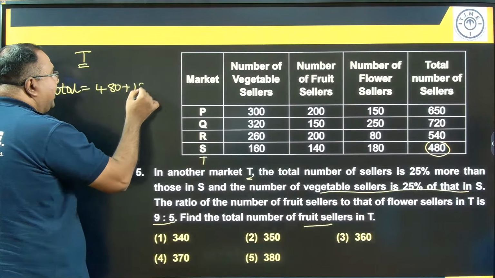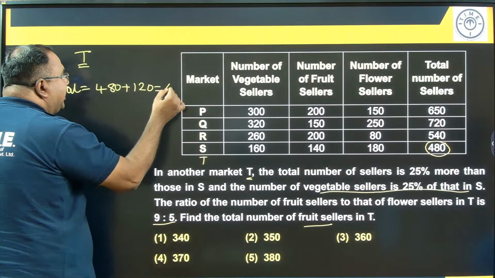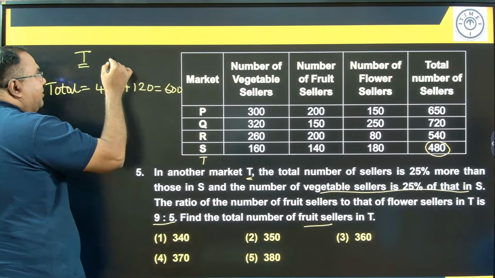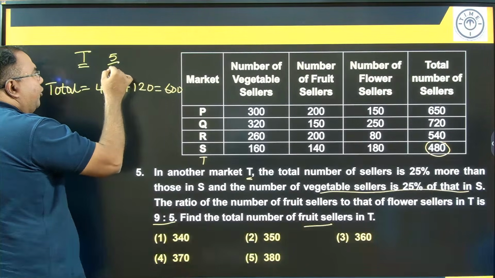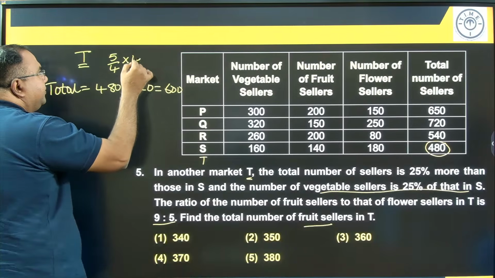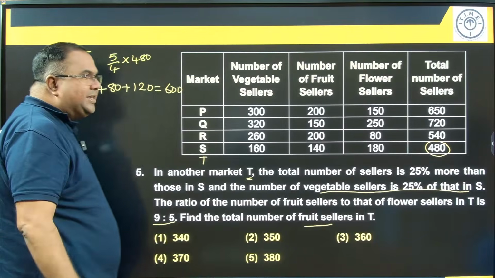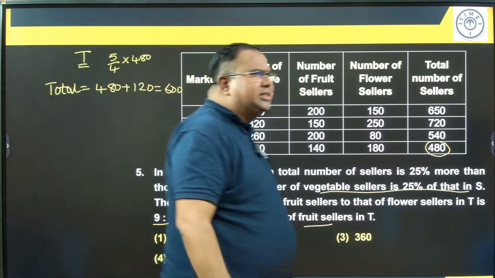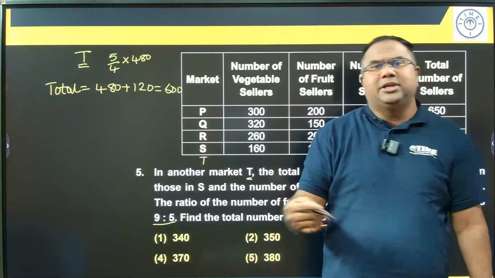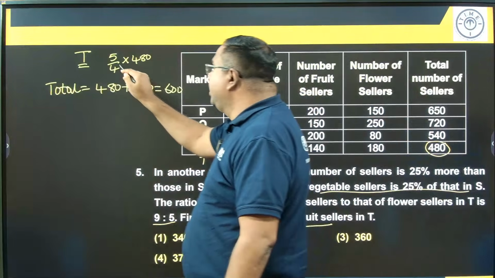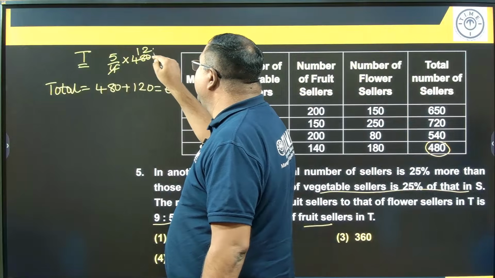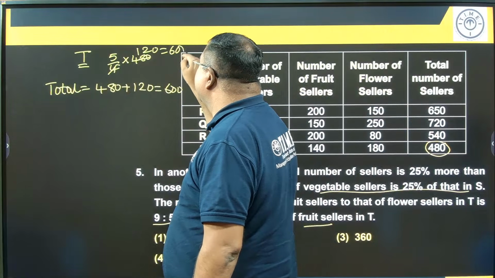That is 120. So it has to be 600. Or 25% more means it has to be 5/4 of 480. If a value has increased by 25%, we can directly say the new value is 125% of the old value. So it is 5/4 of 480. 120 into 5, it has to be 600.